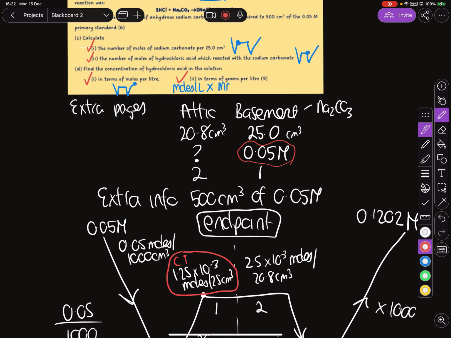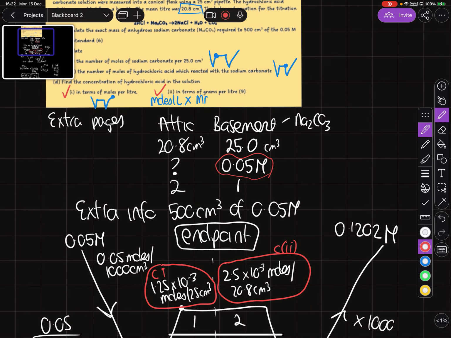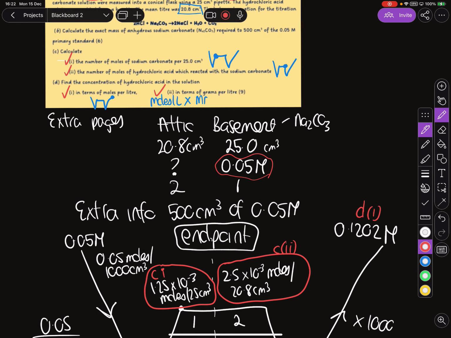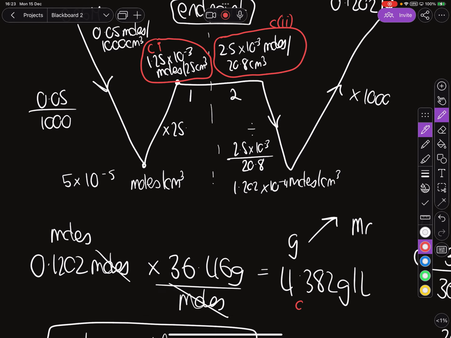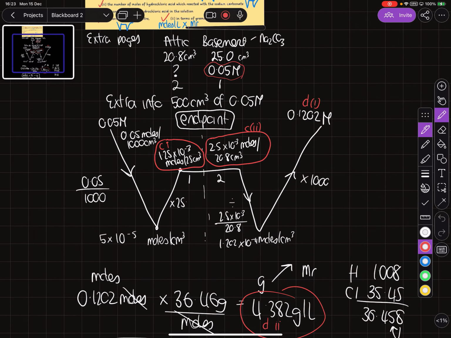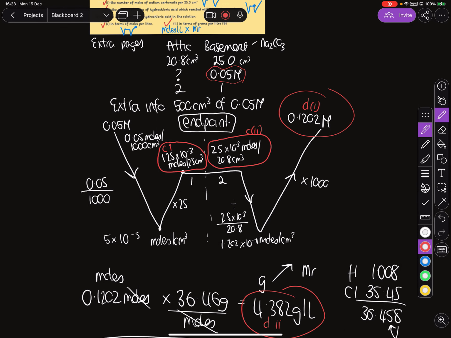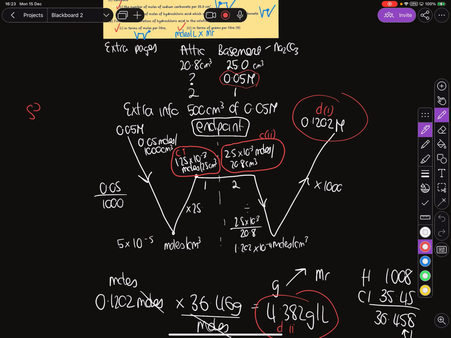Here, number 2 is the moles of the HCl at the end point, so this would be CII. Our big M value is going to be DI, and our grams per litre value that we worked out down here would be DII. And this is how I would be showing the examiner. And all I'm writing in my boxes is C extra paper.